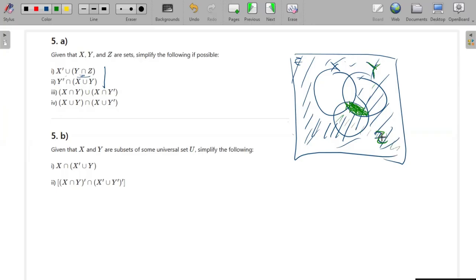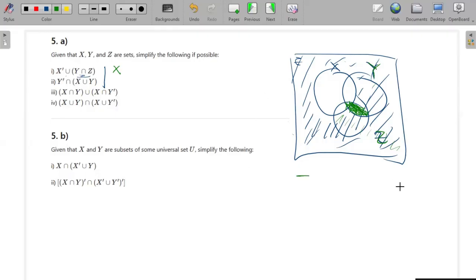So now, how could we write that? How could we simplify that further? Let's look at it. Well, I don't think you could write it in any simpler form, but you could show it like this in a Venn diagram.